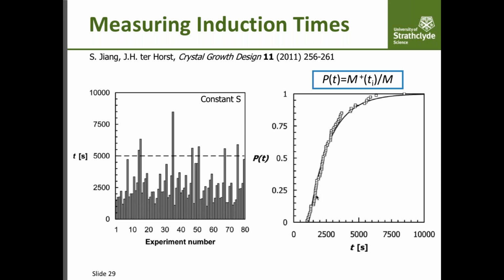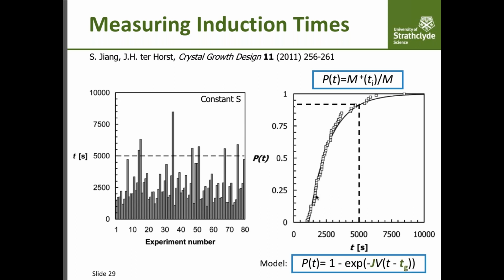And we created a model to describe this, which is shown in this equation. And this equation is a function of the nucleation rate, J, and the growth time, Tg, which tells something about the lag we have in detecting nucleation. So we detect the presence of crystals rather than nucleation.